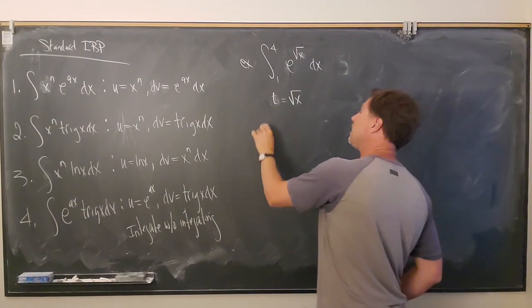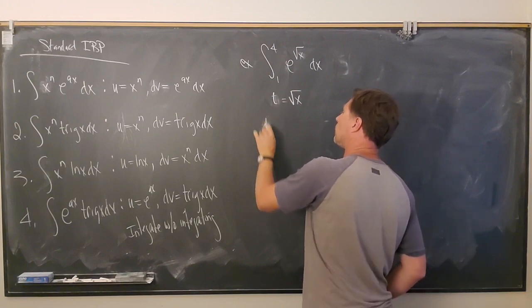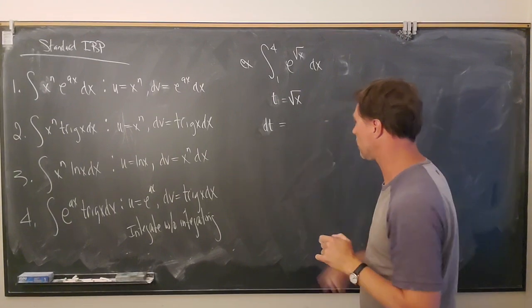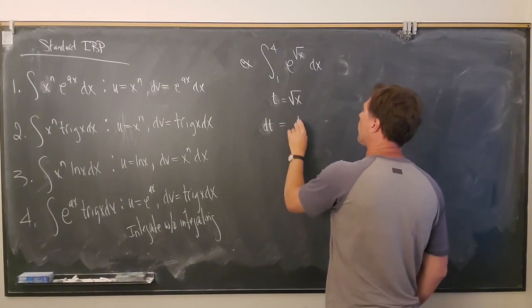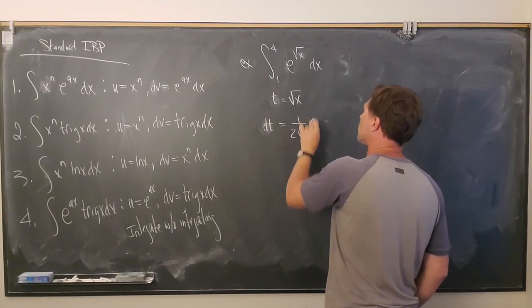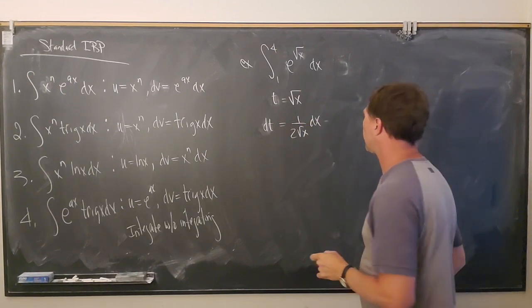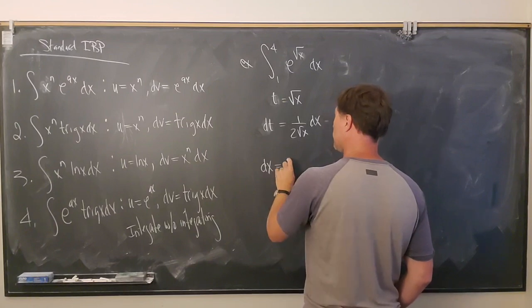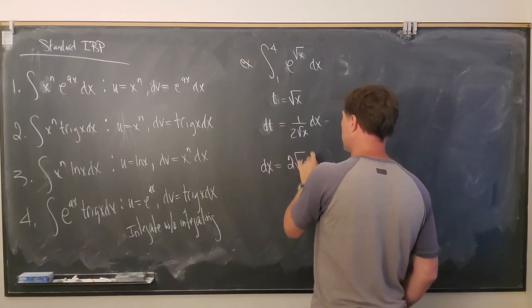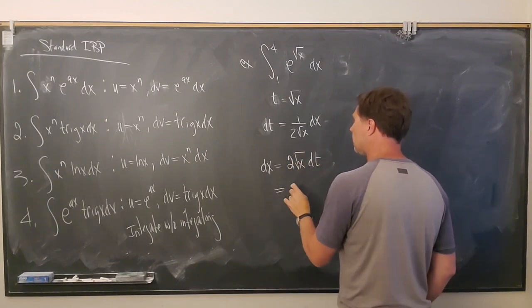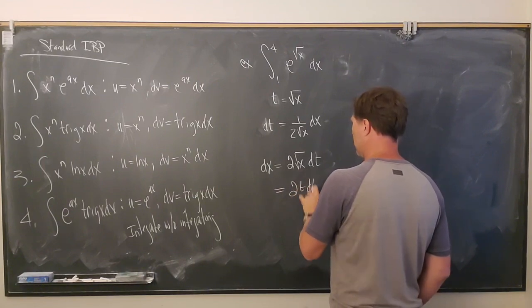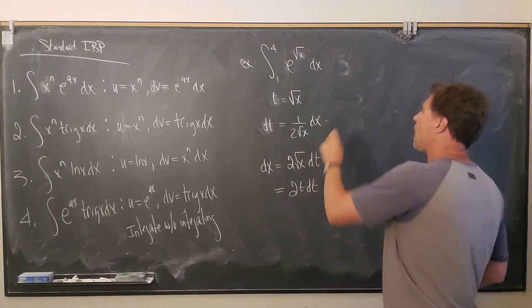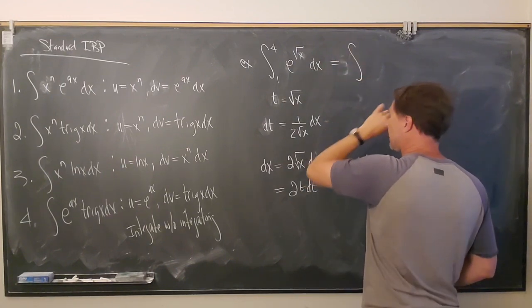Then dt, all right, take the derivative. I'm not doing integration by parts. I'm doing substitution here. dt is going to be 1 over 2 root x dx. And if we solve for dx, what we get is dx equals 2 root x dt, which is equal to 2t dt, because root x is equal to t. Now when we substitute, what we'll get is integral.